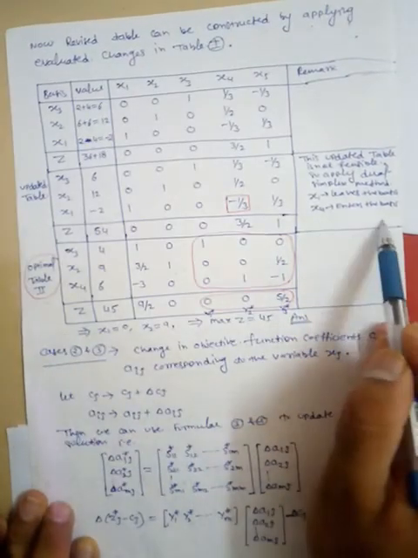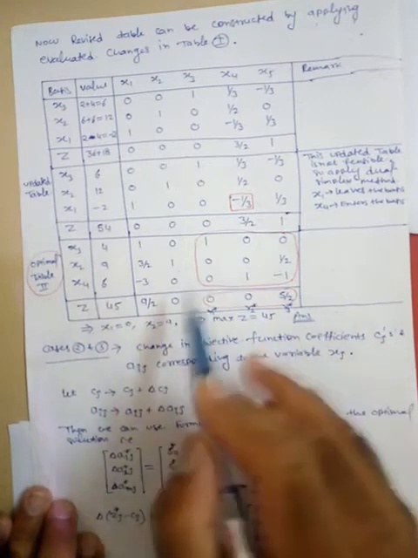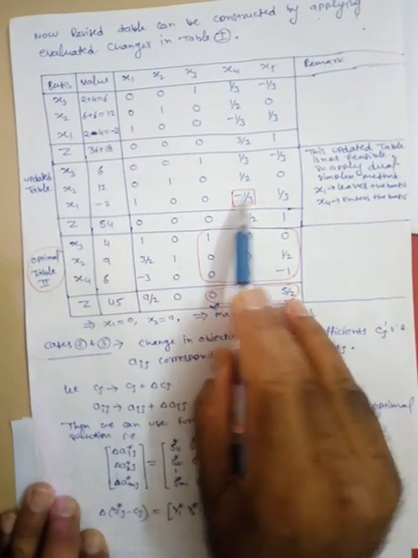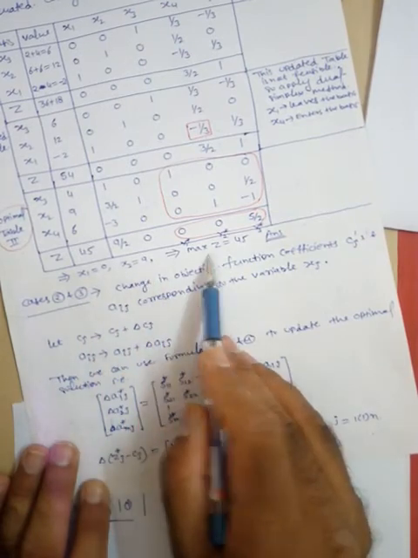Then we divide this row by minus 1 by 3, so we get 1 here, and the final solution is 0, 9, maximum Z is 45.